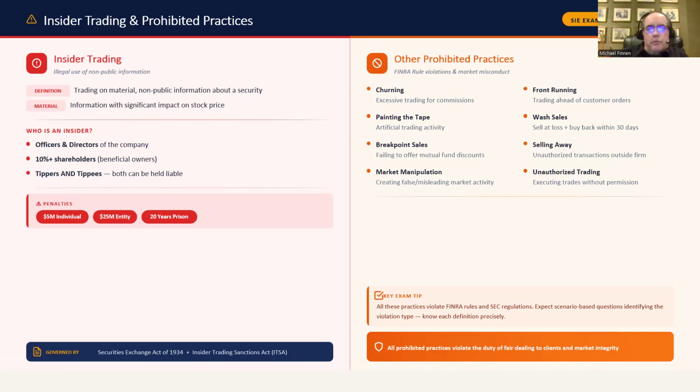Breakpoint sales. This is from open-end mutual funds. If you have a class A open-end front-end load mutual fund, they usually have breakpoints where if you put in 20,000, you get a 7% charge. If you put in 30, you get a 6% and so on. If you get below 20, you have to pay the full 8.5%.